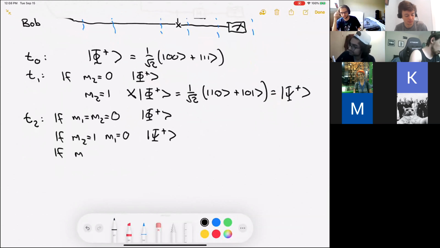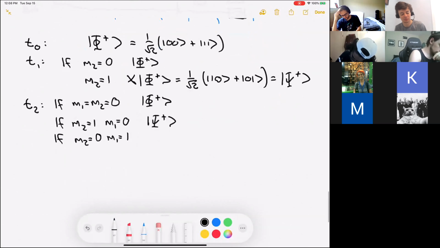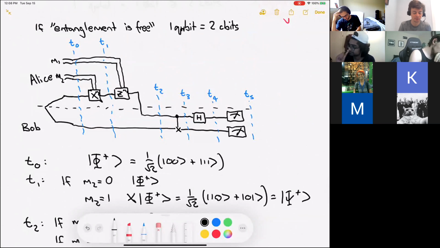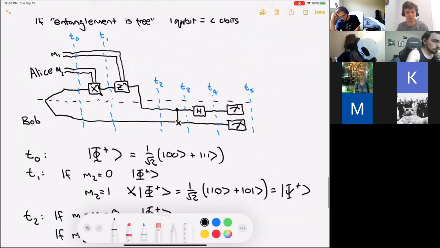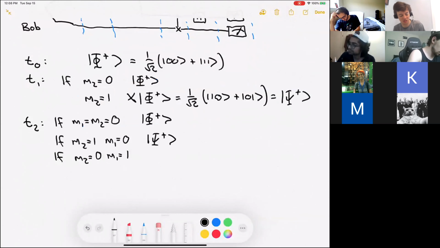Case 3, M2 was 0, M1 was 1. What's the state going to be? So it was phi plus after the first step. We're now going to apply a Z to it, because Z to the M1 is just equal to Z. So if I apply Z to the 00 state, what do I get?